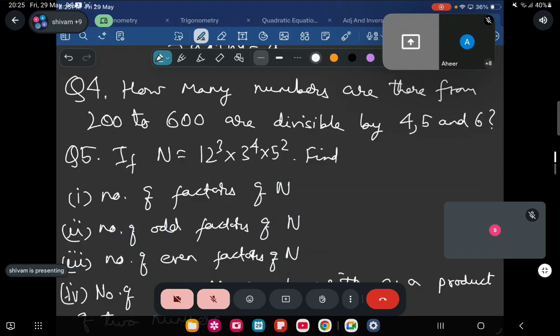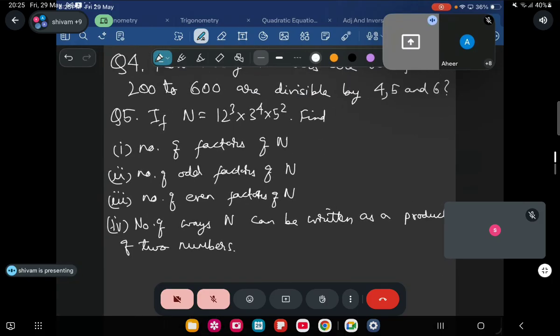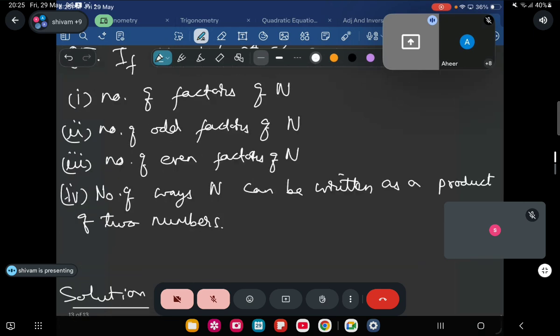Okay, how many numbers are there between 200 and 600 which are divisible by 4, 5 and 6? From means both 200 and 600 are included. So Aviraj, if a number is divisible by all three, 4, 5 and 6, that means the number should be divisible by the LCM of them, right?